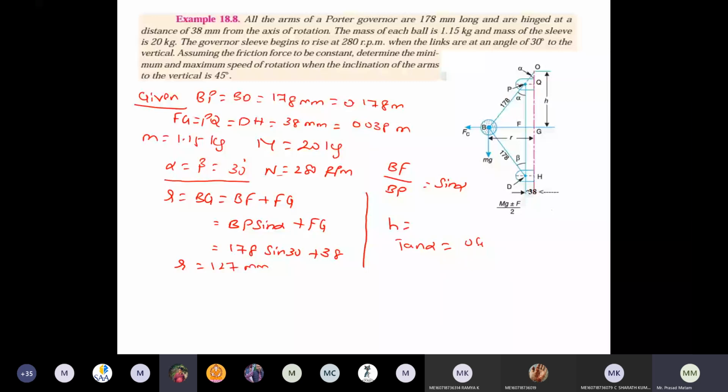BG by OG. OG is the height of the governor, H. Sir, BG by OG, since BG is opposite to alpha. Right, sorry. BG by OG, you are right. So let me erase this.